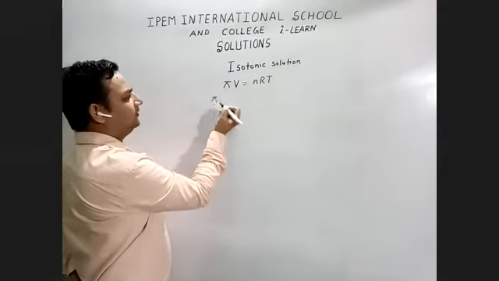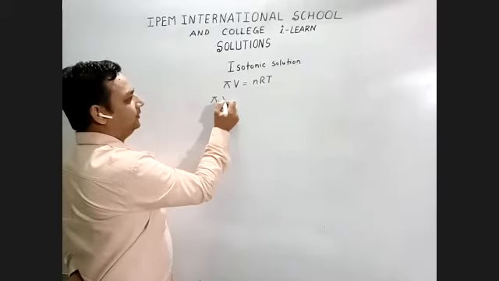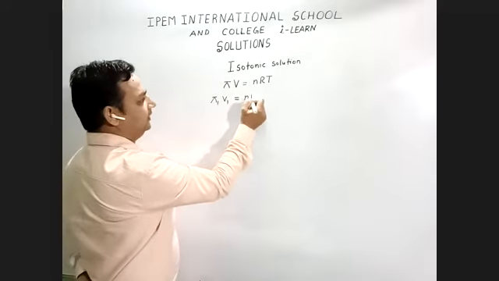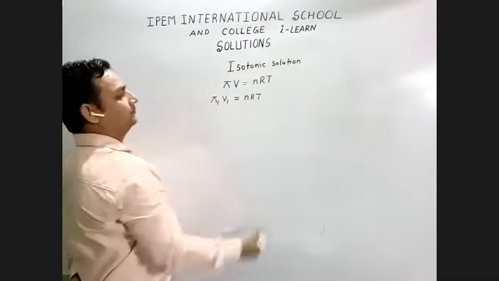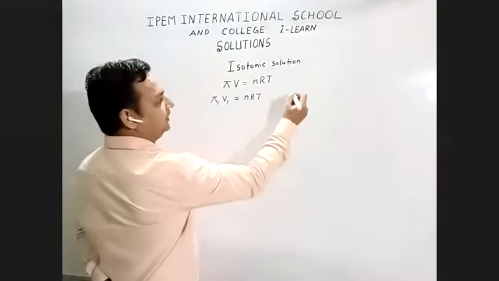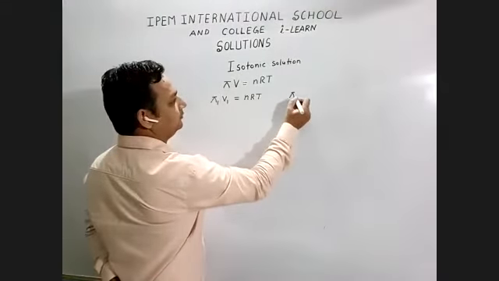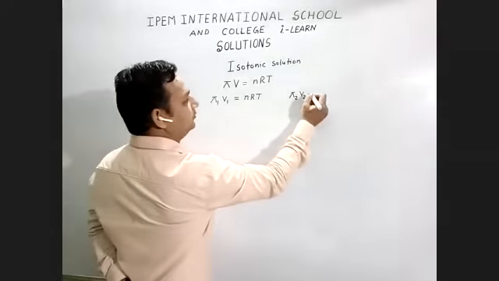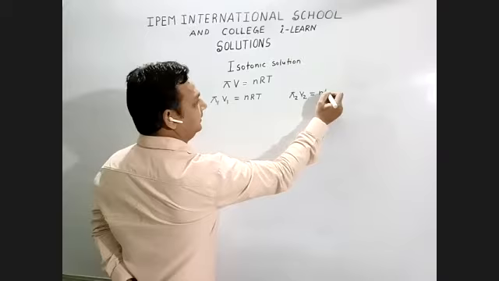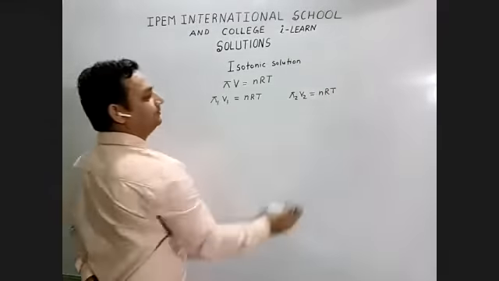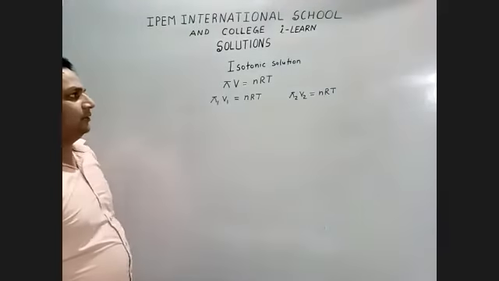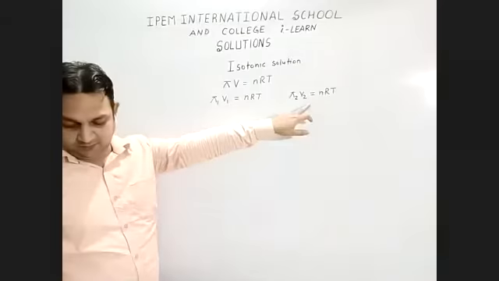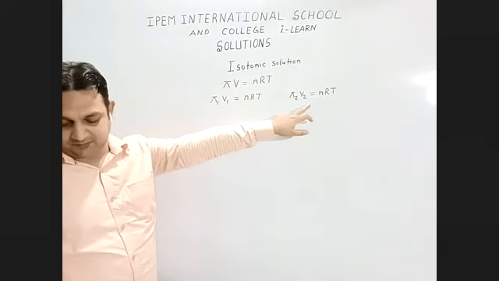Suppose one solution has pi 1, so pi 1 V1 is equal to nRT. Another solution has osmotic pressure pi 2, volume V2, pi 2 V2 is equal to nRT. So for isotonic solutions, both will be equal.